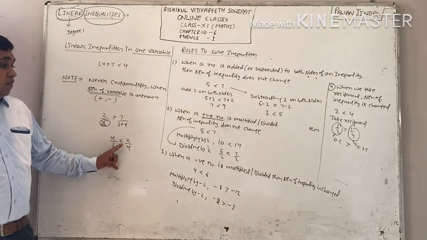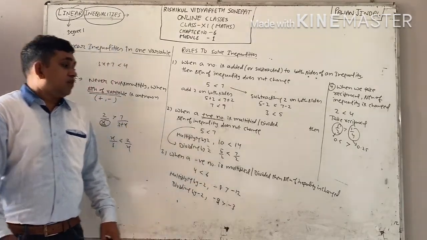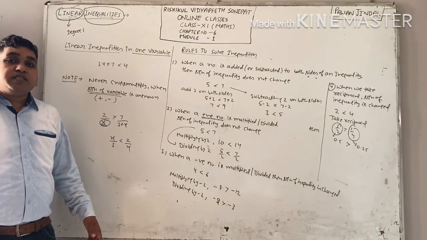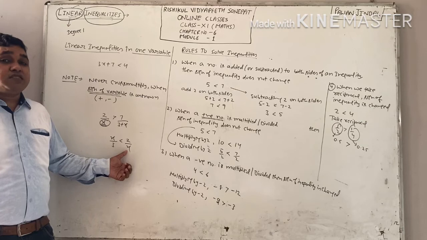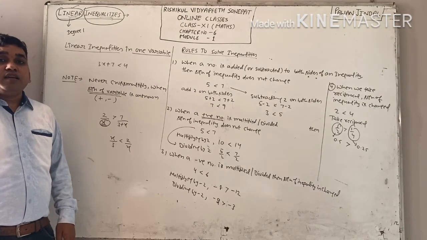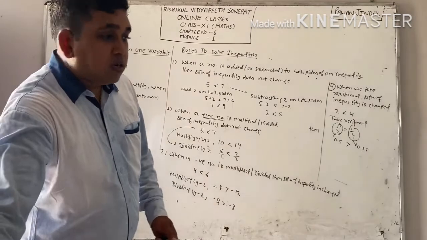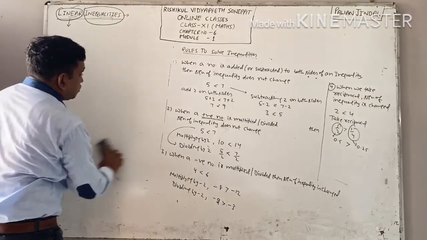I told you, when a negative number is multiplied or divided to both sides of inequality, then the sign of inequality will be changed. We cannot say anything about the sign of x. That's why we will not cross multiply. Right? Now comes to some problems regarding this topic.